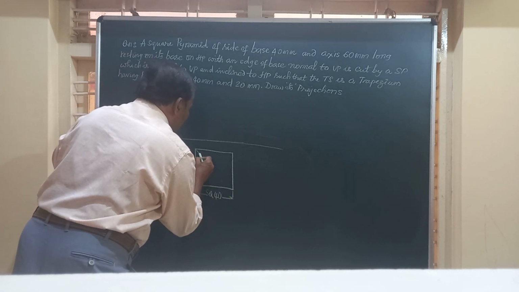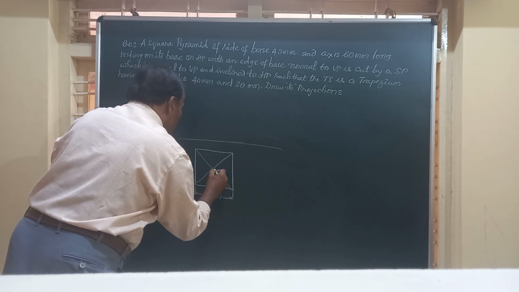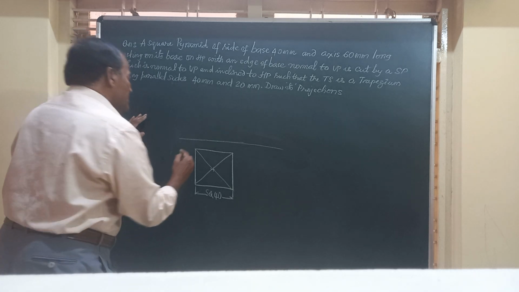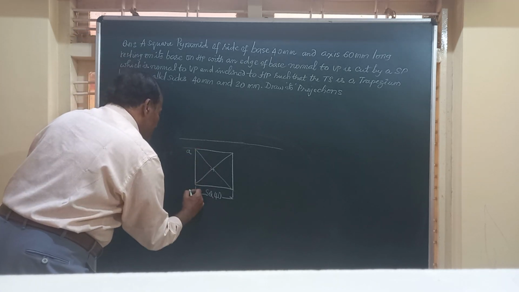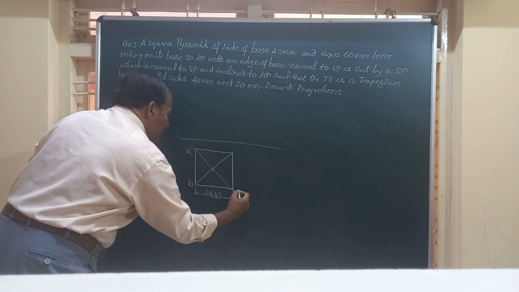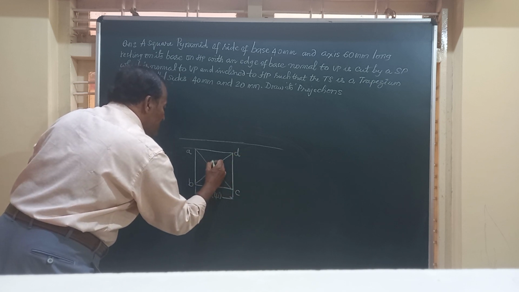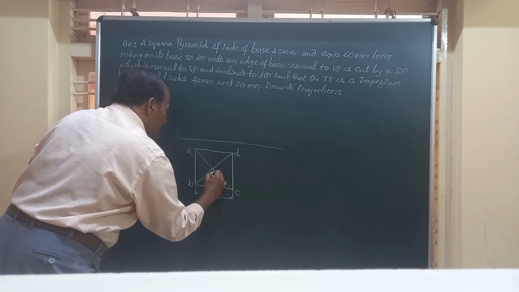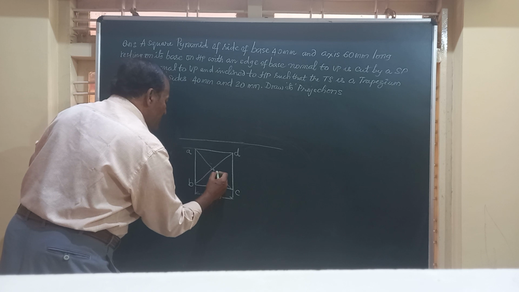We'll join the diagonals of this so that we get to O, the vertex, and we'll number this as A, B, C, D. O is the apex or the vertex of the solid. O comma O1 will write down.